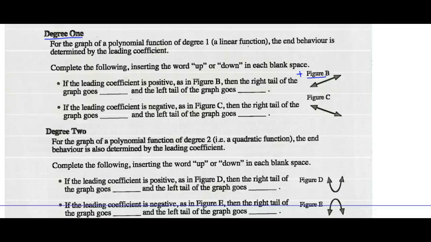Here's the right tail, goes up, and the left tail goes down. If the leading coefficient is negative, as in figure C, then the right tail of this graph will go down, and the left tail of this graph will go up.